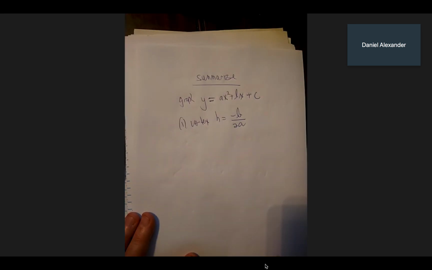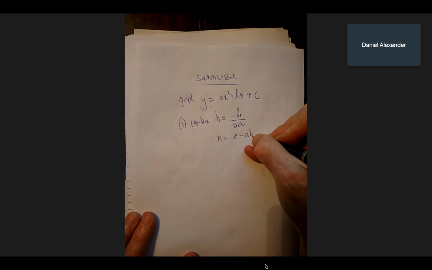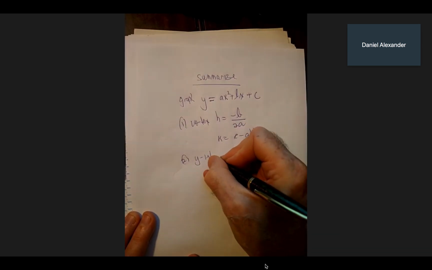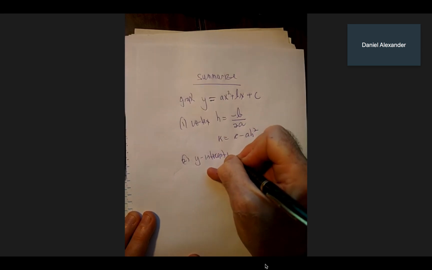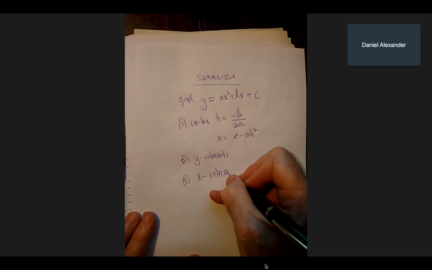Find the y-intercept. And then I find the x-intercepts. Then that's it.